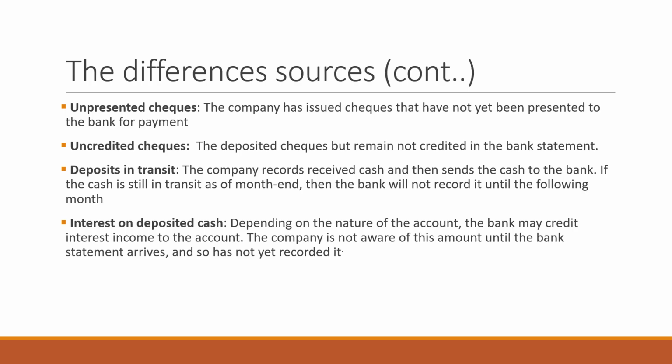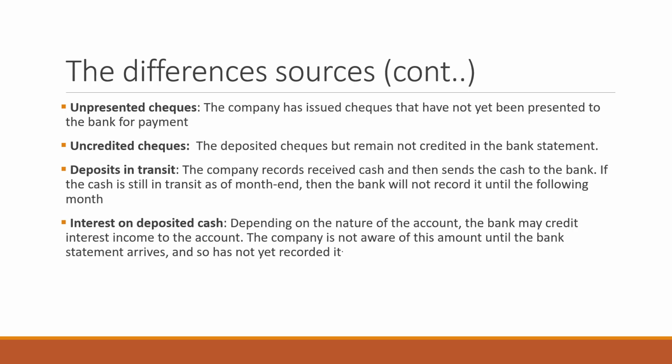Again, another source of difference is interest and deposited cash. Depending on the nature of the account, the bank may credit interest to the account. The company is not aware of this amount until they have the bank statement.